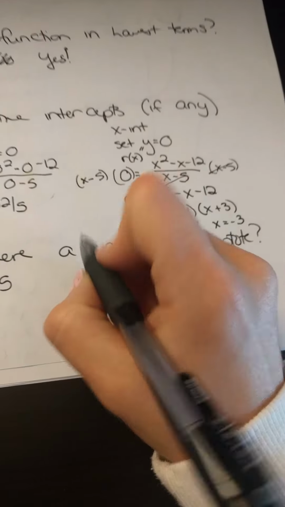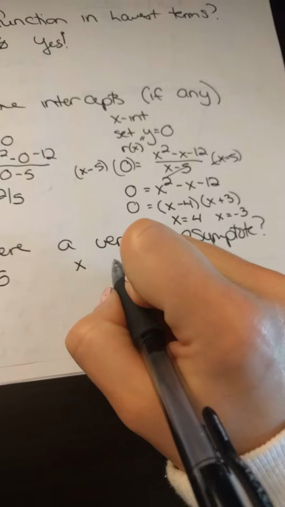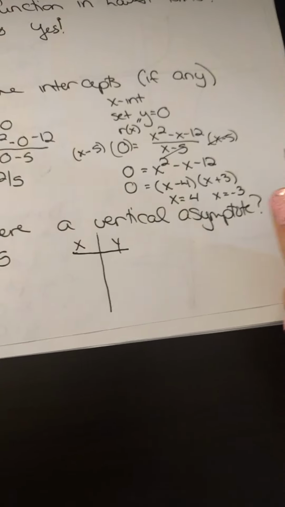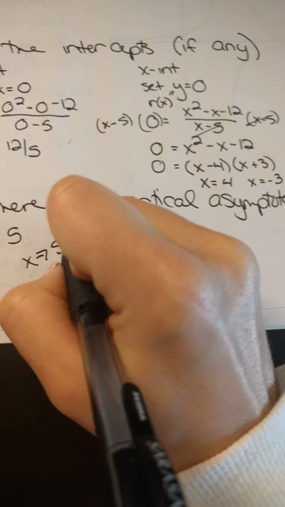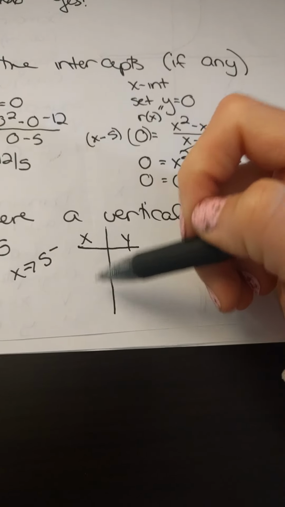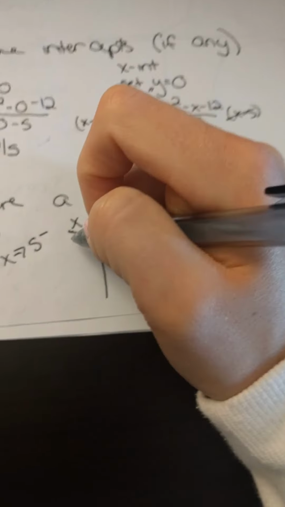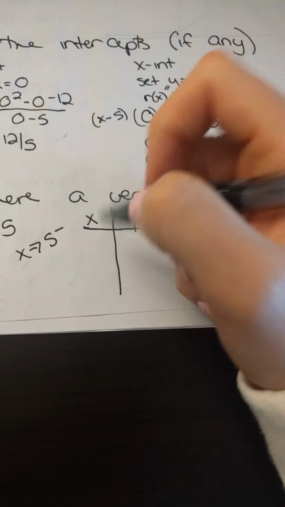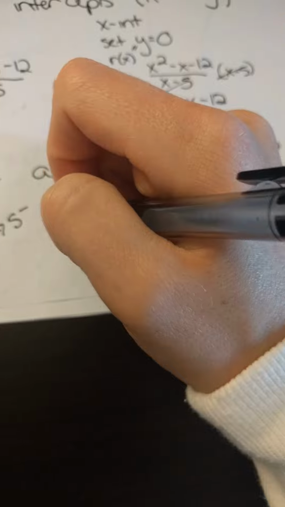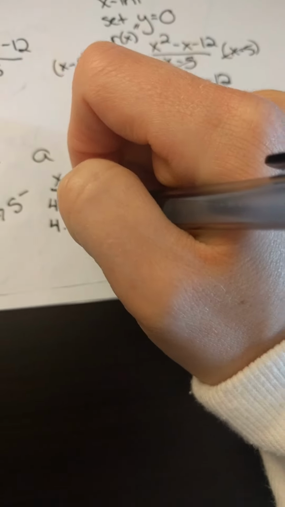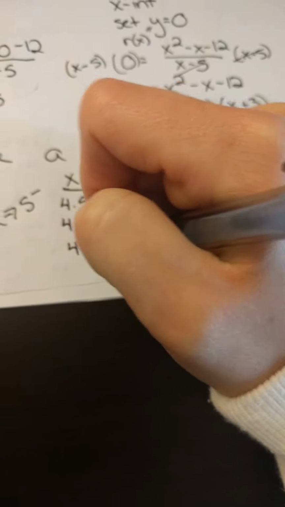Now when we look at a vertical asymptote, we have to take into account its behavior around 5. So as x approaches 5 from the left side, you can pick x values to go in here. You want them to be fairly close to 5, but not quite there just yet. I'm going to go ahead and pick 4.5, 4.8, and 4.9.